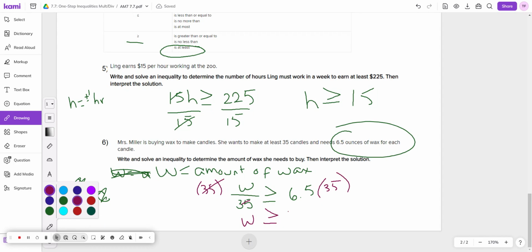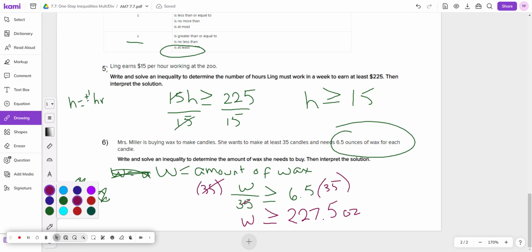That makes sense. So the amount of wax she needs is 227.5 ounces or more.